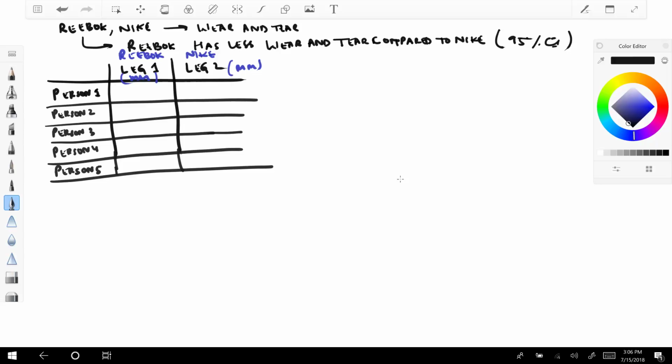So for Reebok, for person 1 it would be 2, for person 2 it's 3, 1, 2, 3, 4, 5, 2, 3, 1.